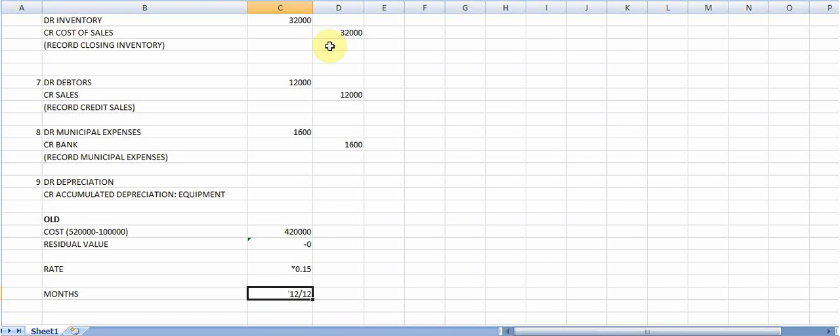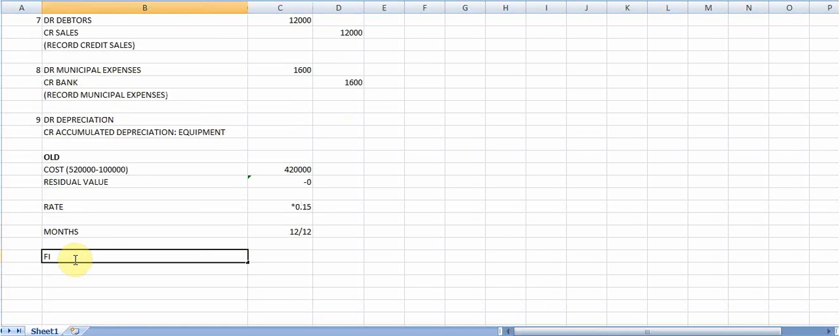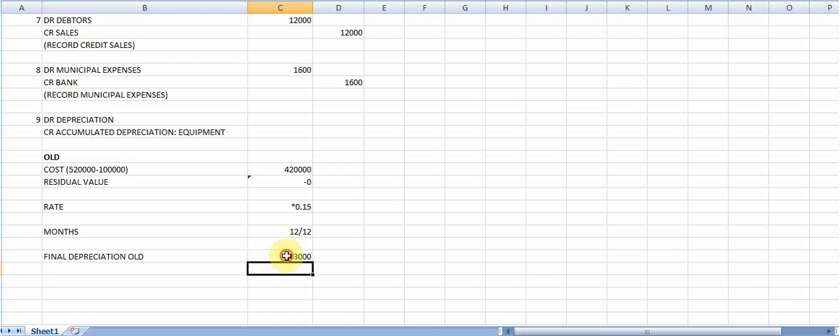And that gives me depreciation on the old. Depreciation on the old will be the 420 times 15% times 1, because 12 out of 12 is 1, which gives you 63,000. I'm just going to highlight that. That is for the old.